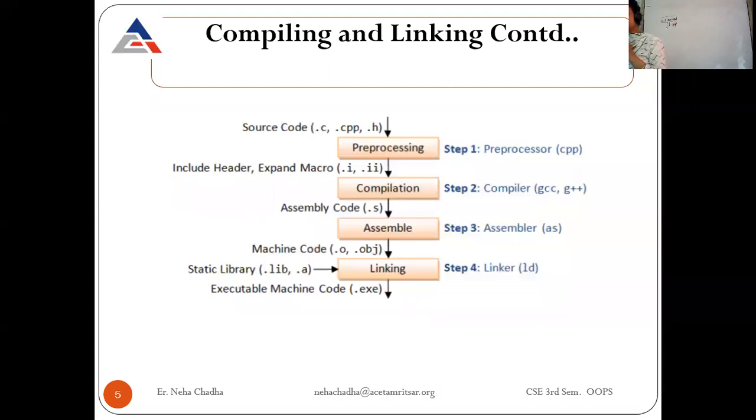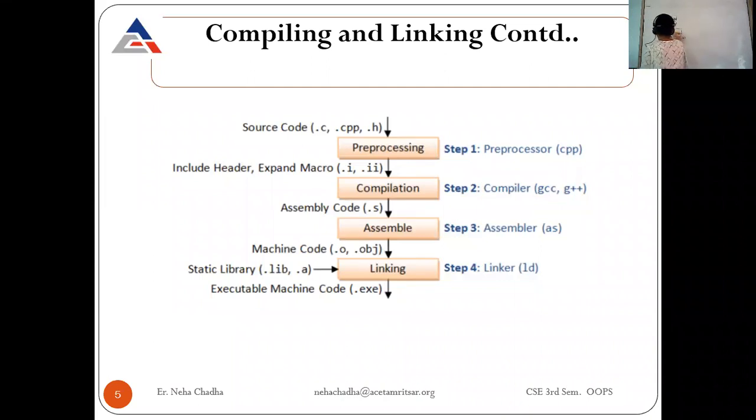After the pre-processing, it will convert into intermediate code. This is in detail. Then your 1.cpp will get converted into .i or .ii. Where I am using "or", that means it may vary from compiler to compiler.